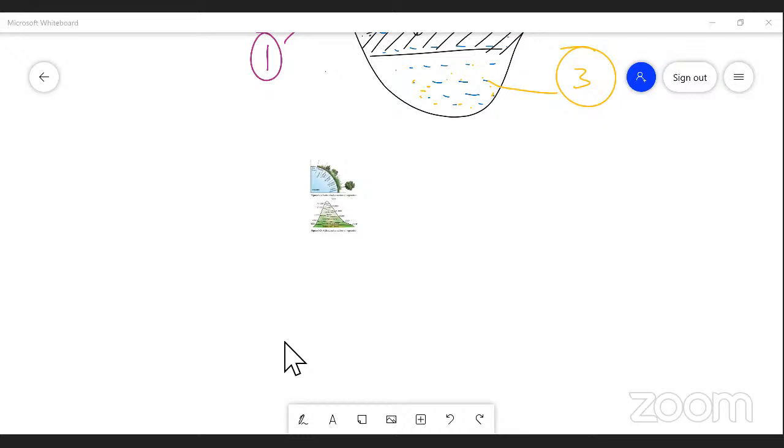Okay, dear students, so I'm going to show you latitude and altitude based on vegetation, the zone of vegetation. Temperature zones are classified into the following types.